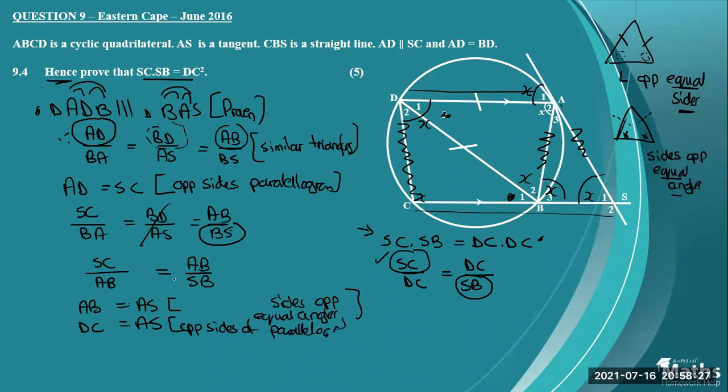So now it means I can substitute my AB with a DC. So instead of writing AB, I can write DC. So SC over DC is equal to DC over SB, and then you just cross multiply. So therefore, SC times SB will be equal to DC squared.